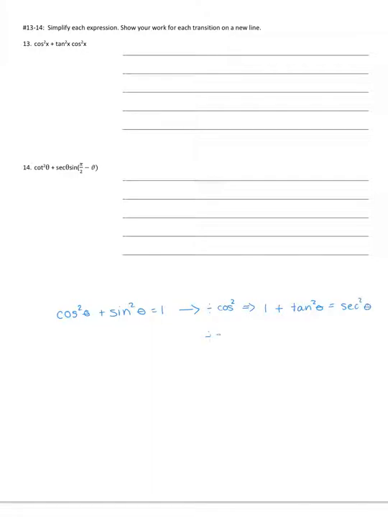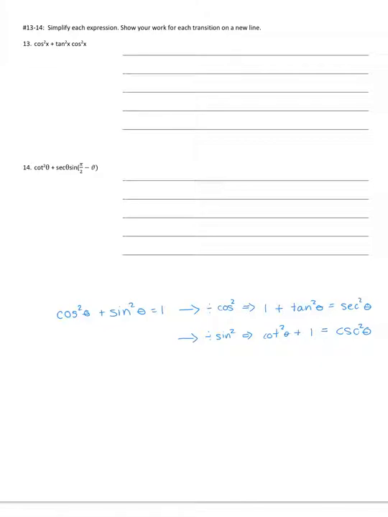If I divided everything by sine squared, I would have cosine squared over sine squared, which is cotangent squared, plus 1 equals 1 over sine squared, which is cosecant squared. Now, if you want to derive those for yourself, then that's great. But you can also avoid them. So I'll show you how to do these two different ways, and then you decide.